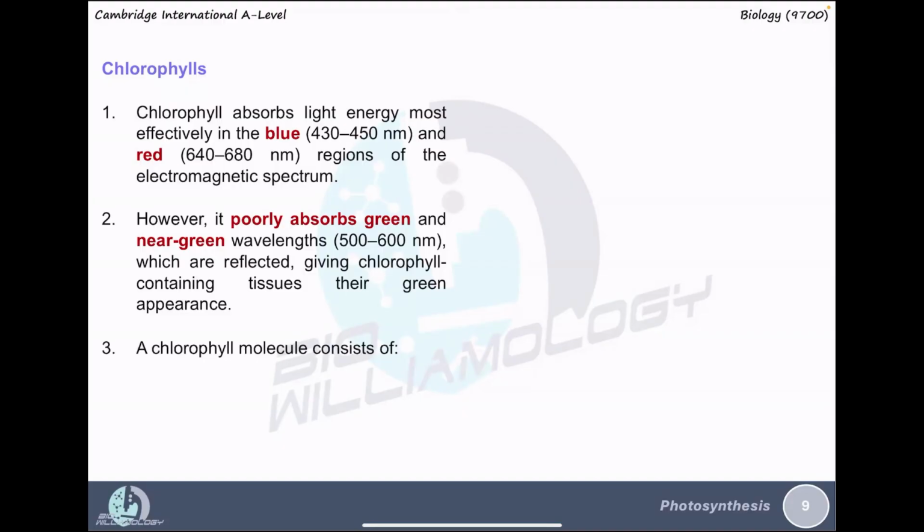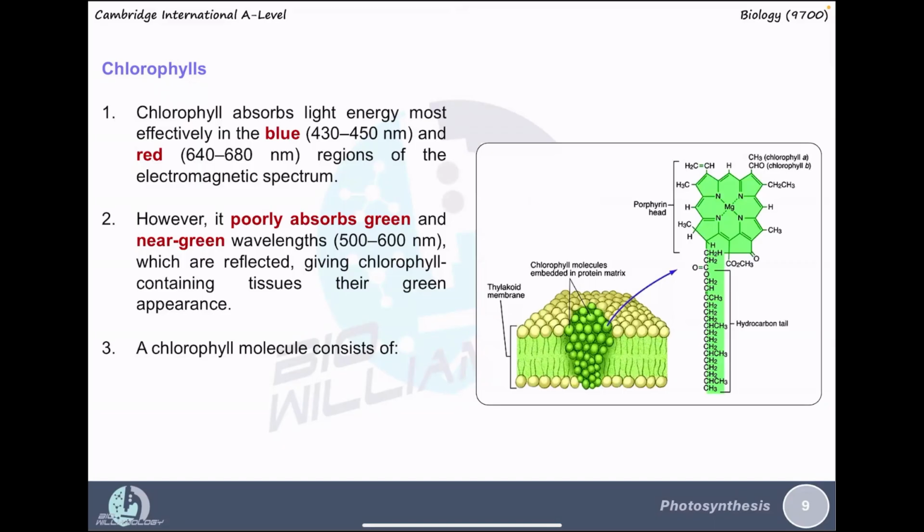A chlorophyll molecule consists of, if you look at the diagram here, a long hydrocarbon tail, and this long hydrocarbon tail is very important for the chlorophyll A molecule to be embedded in the thylakoid membrane.